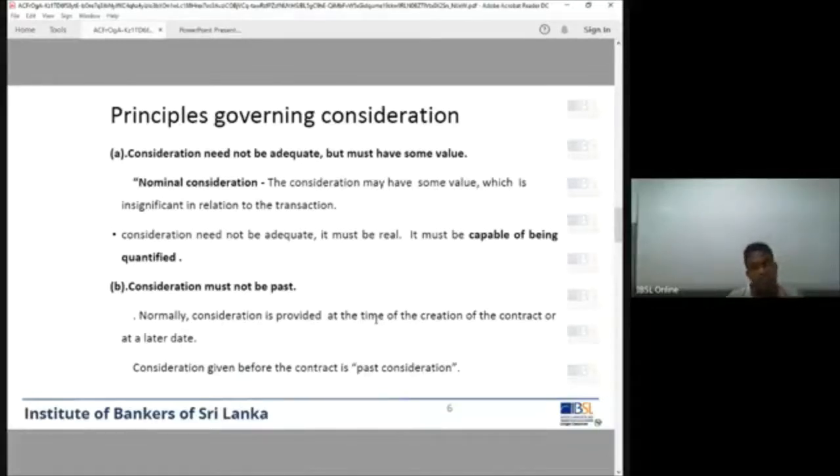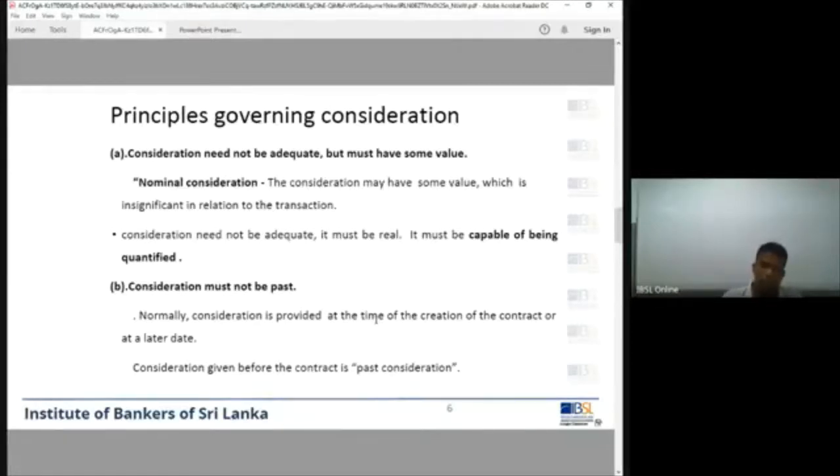For example, A has given a loan to B. Five years ago, A gave a loan of 500,000 to B. Now, after 5 years, A is purchasing the land of B. B has not yet paid the loan.